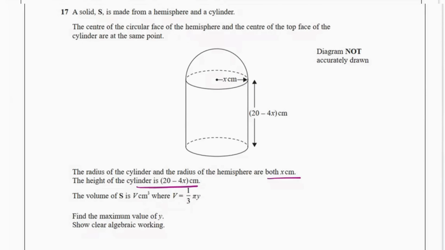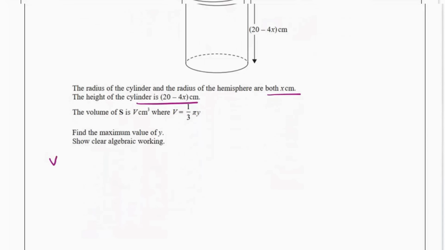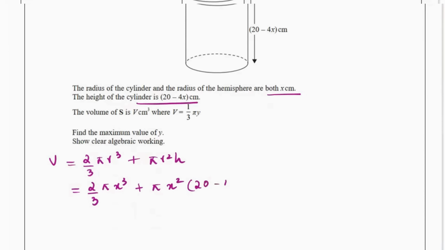So using the given information, let's first find an equation for the volume. I know there's one given as well, but I want to find it in terms of x first, and then using that, we can find the maximum value of y. So we know that the volume of a hemisphere is 2 over 3 pi r cubed. And for a cylinder, it's pi r squared h. So the radius is given as x, so pi x squared, and the height is 20 minus 4x.